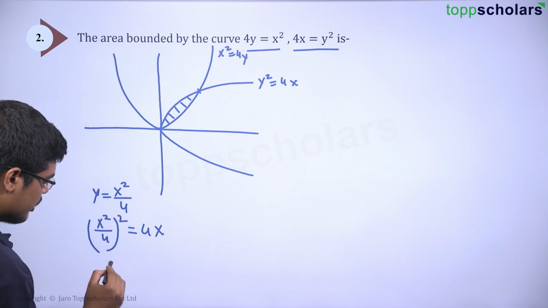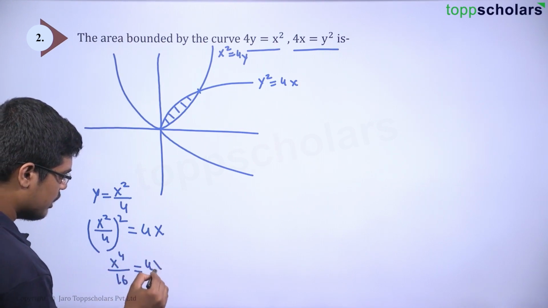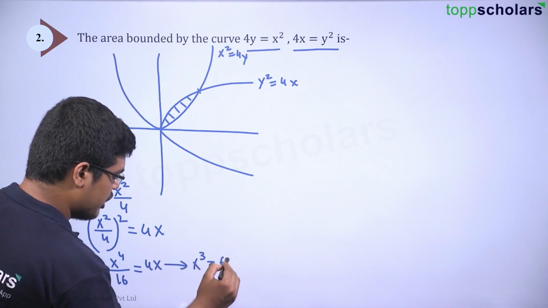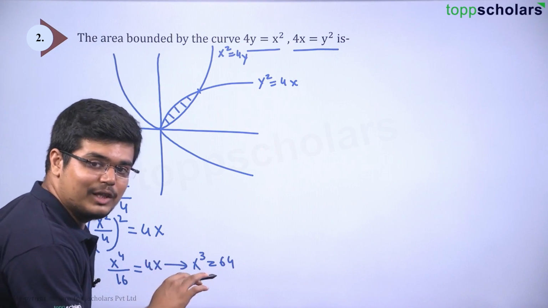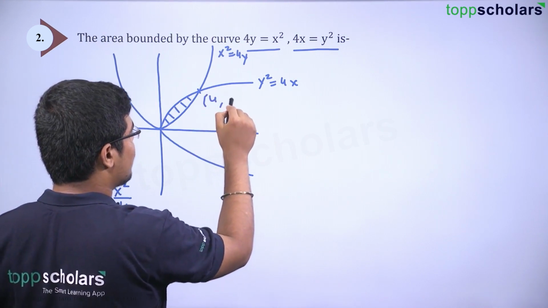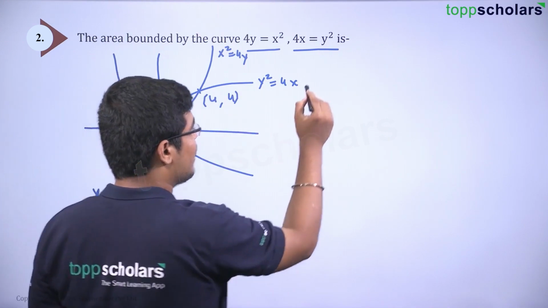When you solve this further, students, you will get x raised to 4 upon 16 is equal to 4x. From here you cross multiply, you will get x cube is equal to 16 into 4 is 64. And when you take the cube root, the answer is going to be 4, which means the x coordinate is 4. The y coordinate will also turn out to be 4. So students, now we can go ahead and integrate.